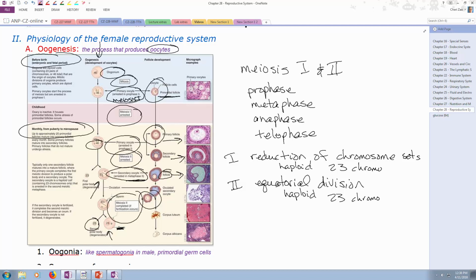So this is all ovarian on this side. Now after ovulation, we have the formation of all of those granulosa cells into a special structure called the corpus luteum. When you hear granulosa cells, you think estrogen producers. Corpus luteum, I want you to think progesterone dominance.